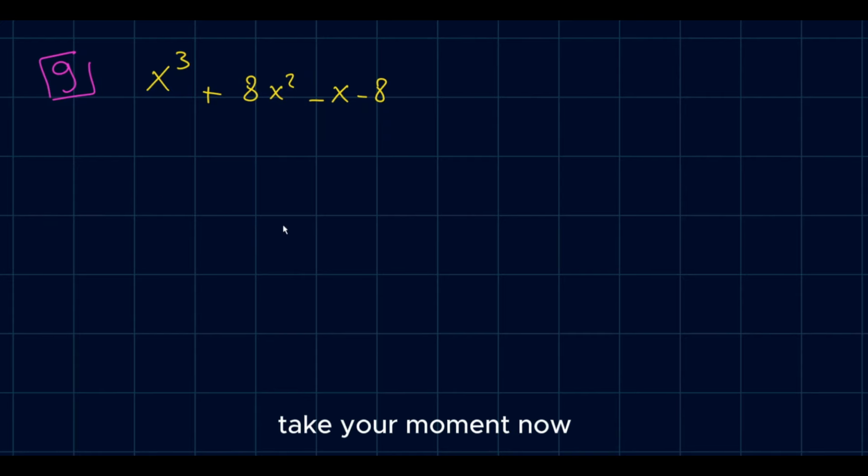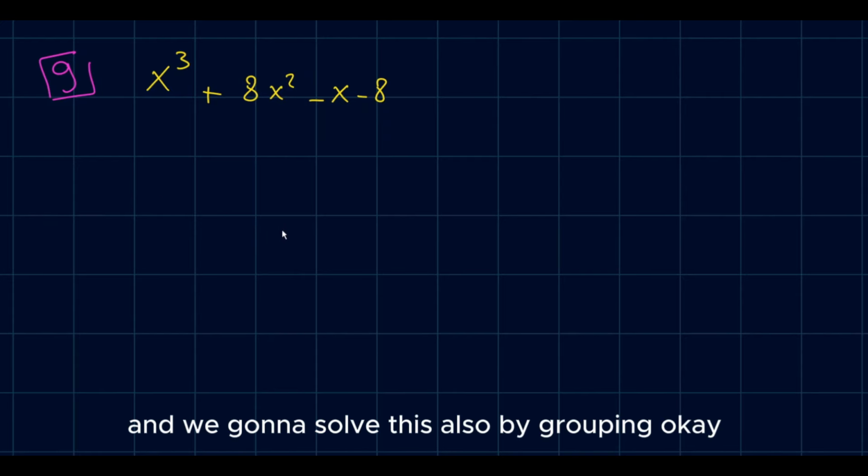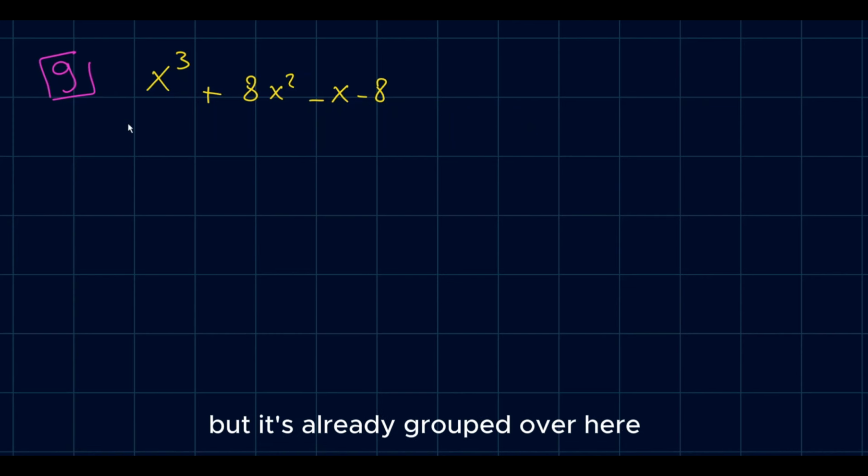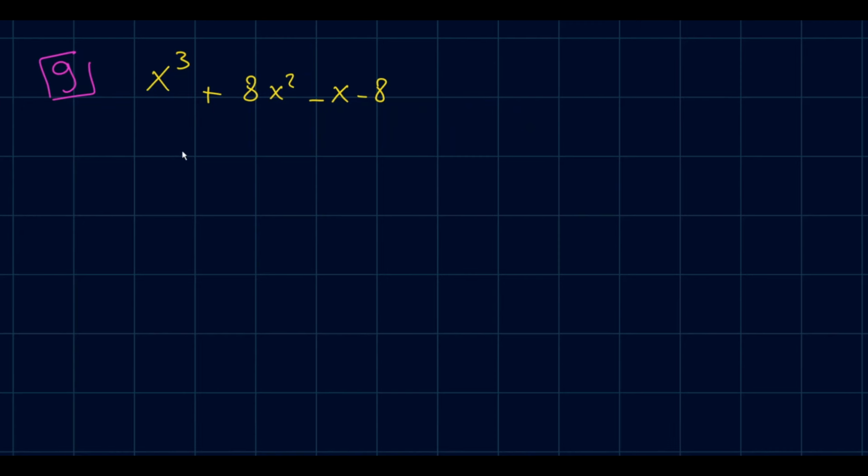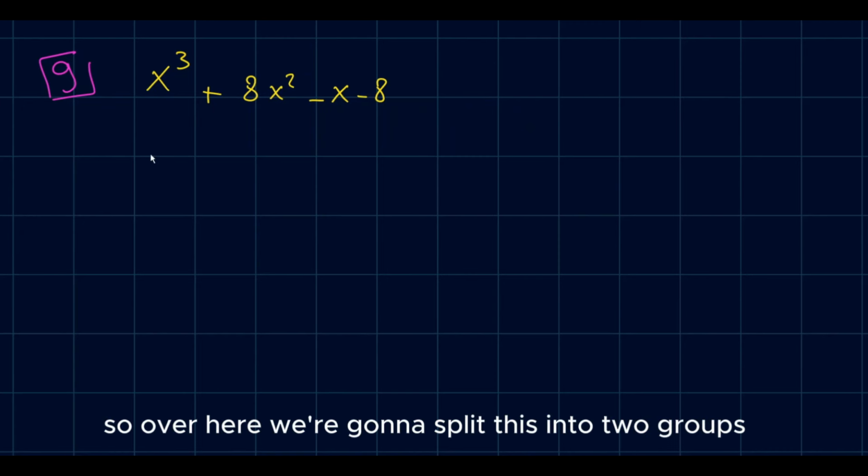x power 3 plus 8x squared minus x minus 8. Take your moment now, and we're gonna solve this also by grouping, okay? But it's already grouped over here. So let's see how we can do such a thing. Over here, we're gonna split this into two groups.